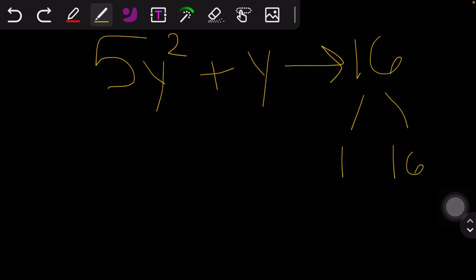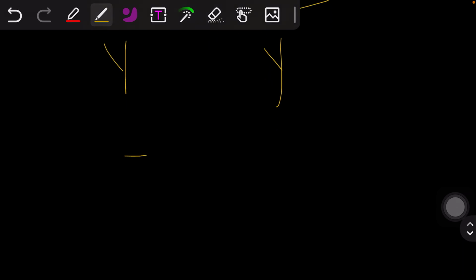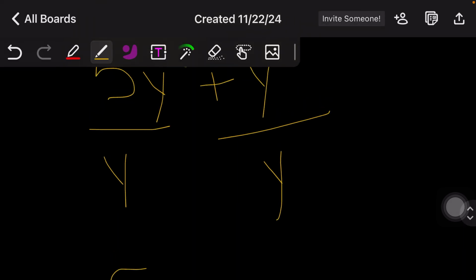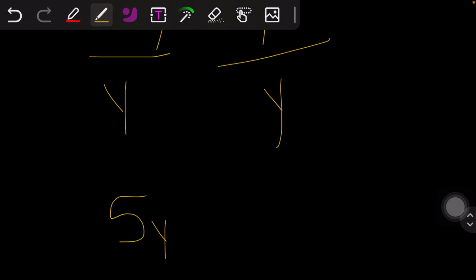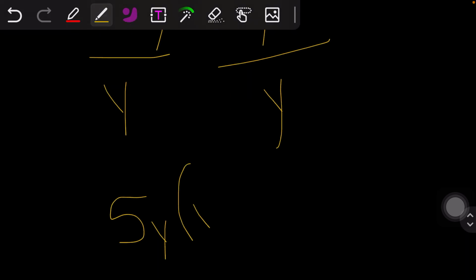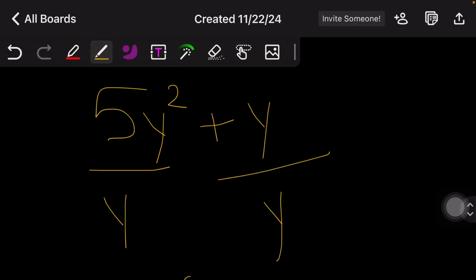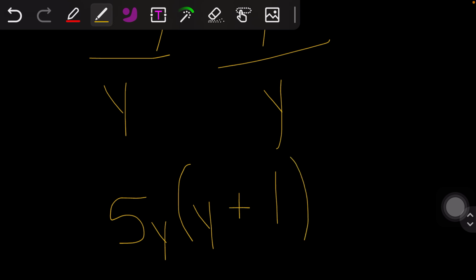So what we have to do now is find what two terms equal 5y squared plus y. Again, we're just going to find the common factor among both of these, which is going to be y. It's going to be 5y times y plus 1.